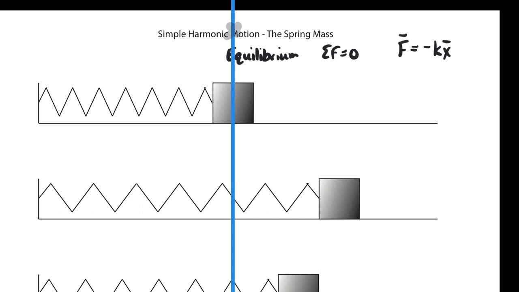All right. I'm going to take the mass, I'm going to displace it a distance x naught from equilibrium. This is where I've pulled the thing out, I'm about to release it. This is you taking the spring mass oscillator that you had for your lab, lifting the mass up a certain amount away from equilibrium. You are establishing the amplitude.